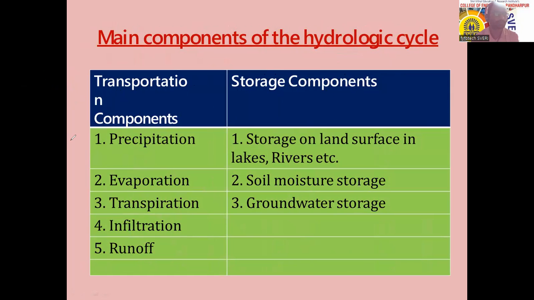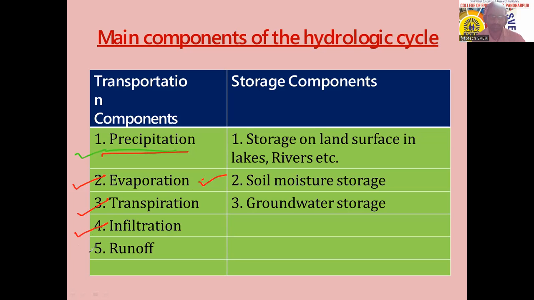Water reaches the ground by precipitation. Then it is evaporated through the process of evaporation and through the process of transpiration. Some amount of water is infiltrated.